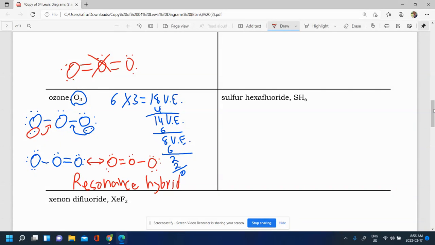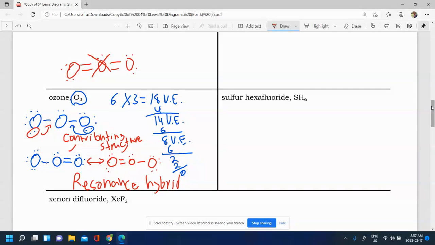Each of these resonance structures we drew is called a contributing structure. It contributes to the overall resonance hybrid. When we did carbonate, there were 3 contributing structures that contributed to the resonance hybrid. There may be others that you can draw that are a little bit different from these ones here, but they don't contribute as much to the resonance hybrid.